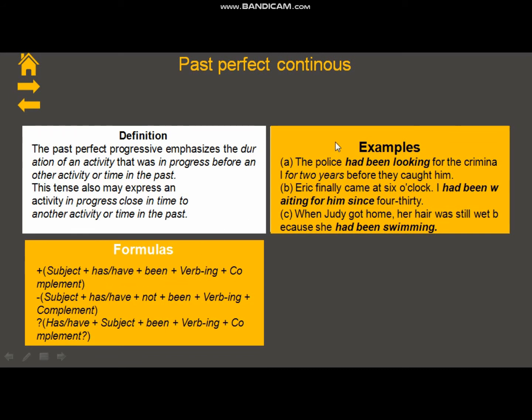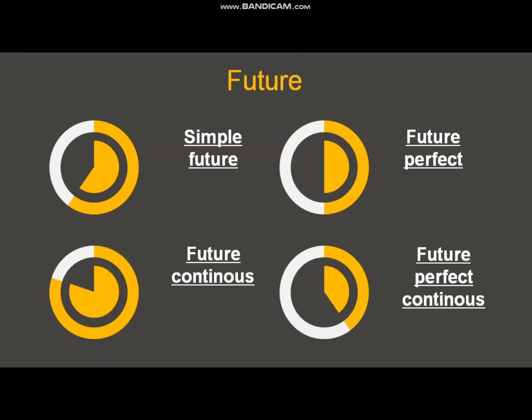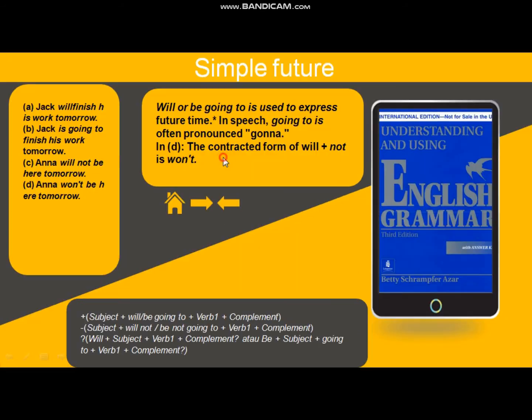And then this is future. Next is future. In this slide, you can choose one of them: simple future, future continuous, future perfect, or future perfect continuous. The first is simple future.